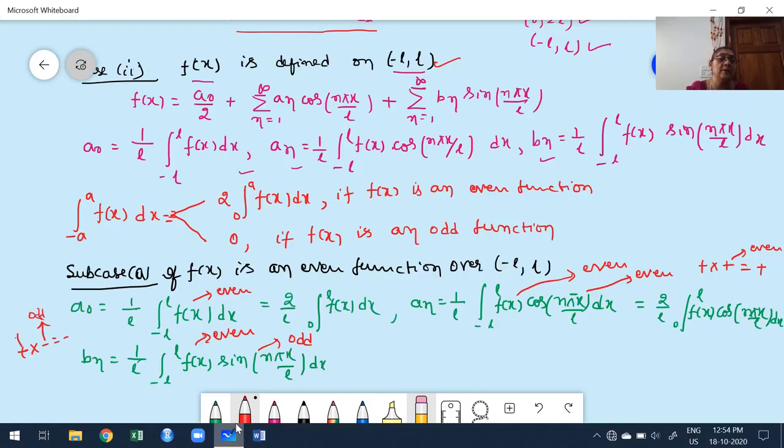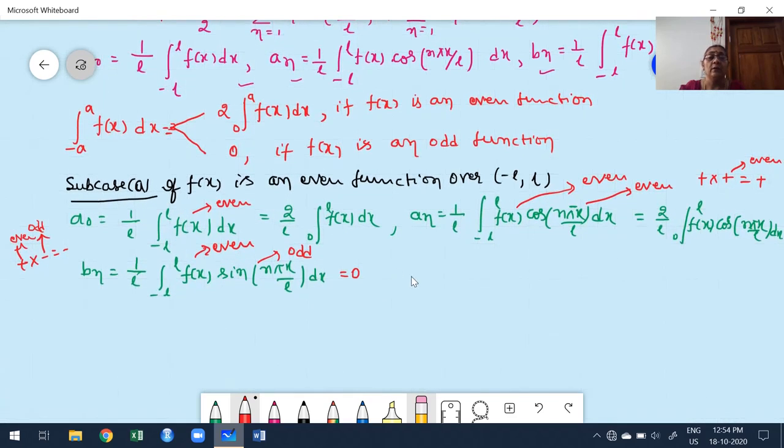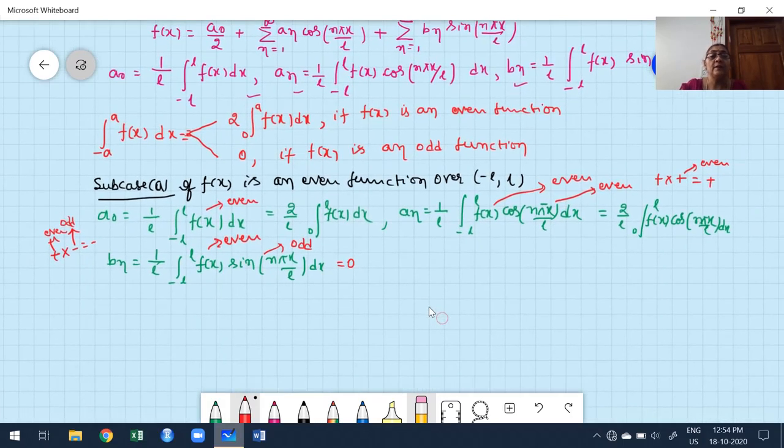The product of even into odd is an odd function. From the definite integral property, what happens? The Bn value must be 0. Whenever the function in the second case, for minus L to L, is an even function, there is no need to find the bn value. We can write directly that bn is 0.